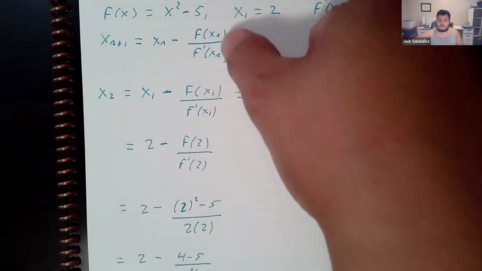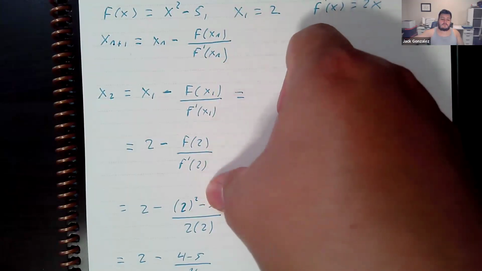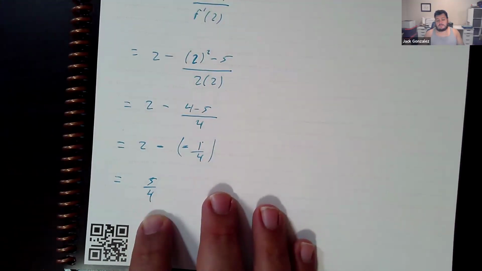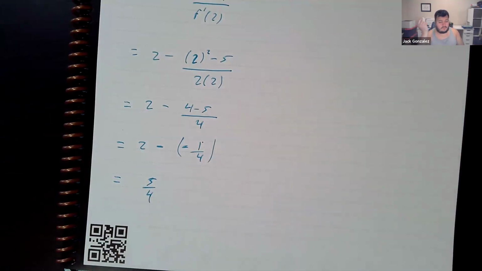So we plugged it into the function and the derivative, that's the formula, so there it is. We find out what that becomes, we get some number. So here is x2. Plug this again into the formula to do the second iteration. Do you have any questions on the first iteration?